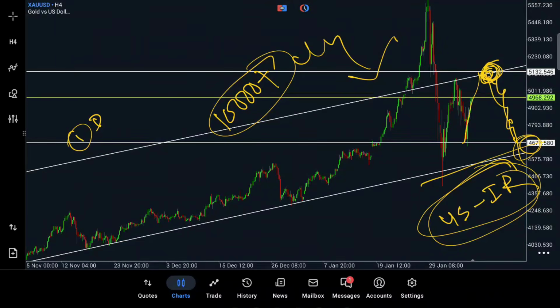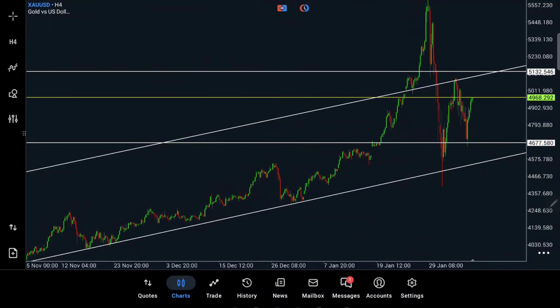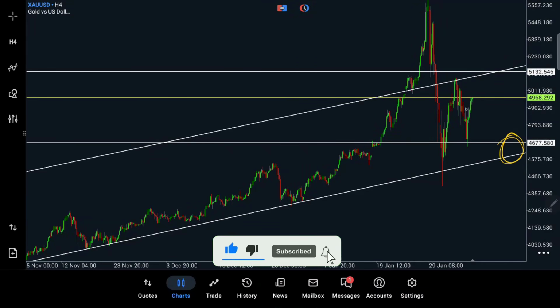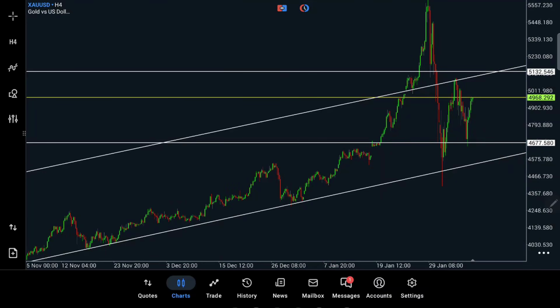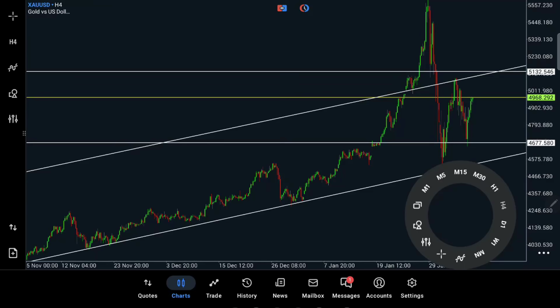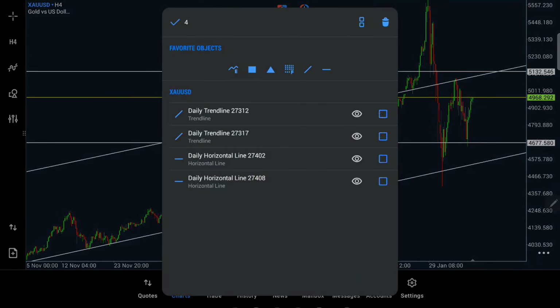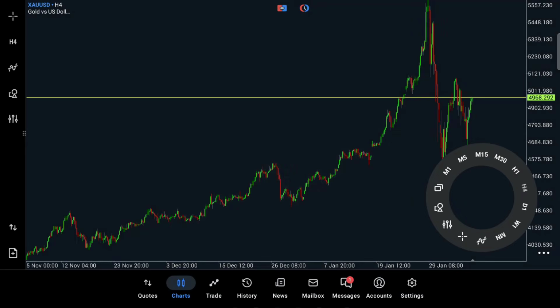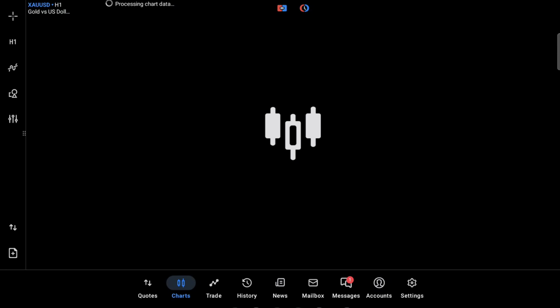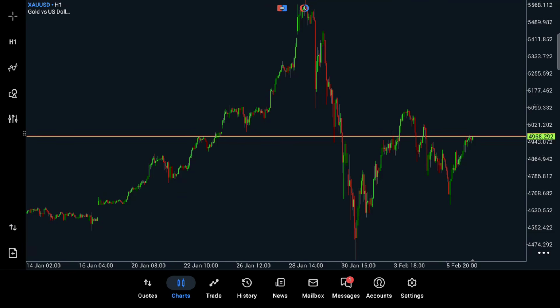From my point of view, I am just sharing my thoughts, and for buying we can wait till that particular area, then we can consider a buy. Otherwise we have to move forward into the H1 time frame for our daily analysis or daily entries or short entries.